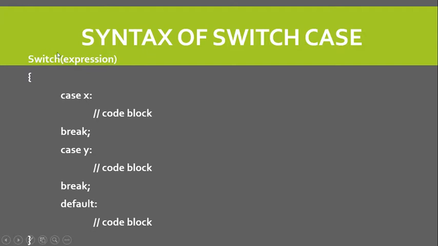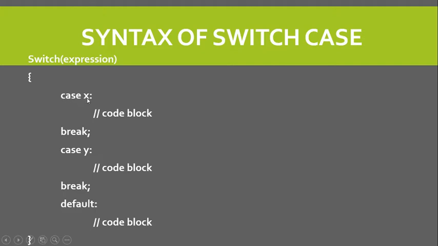We have to use the switch keyword, then in round brackets you have to give the expression, or you can send a number or string. Then after that the curly bracket starts, and here you have to give different conditions or cases.